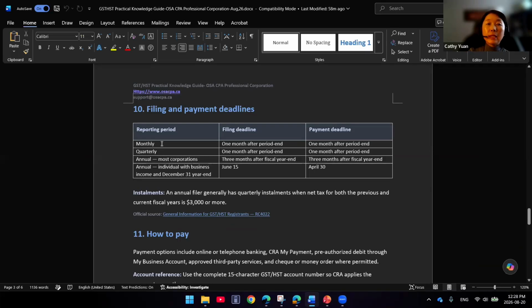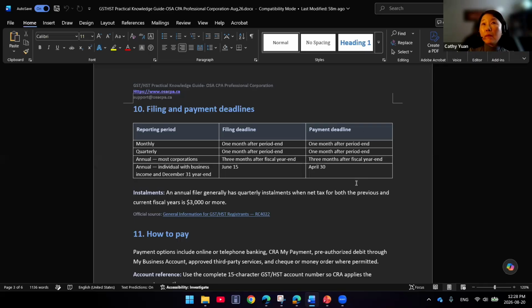If you register this tax monthly, you have to file 1 month after the period end. But for annual, which is more popular, it is 3 months after fiscal year end. That gives you enough time to do this tax return. It will be very good for the business owner.